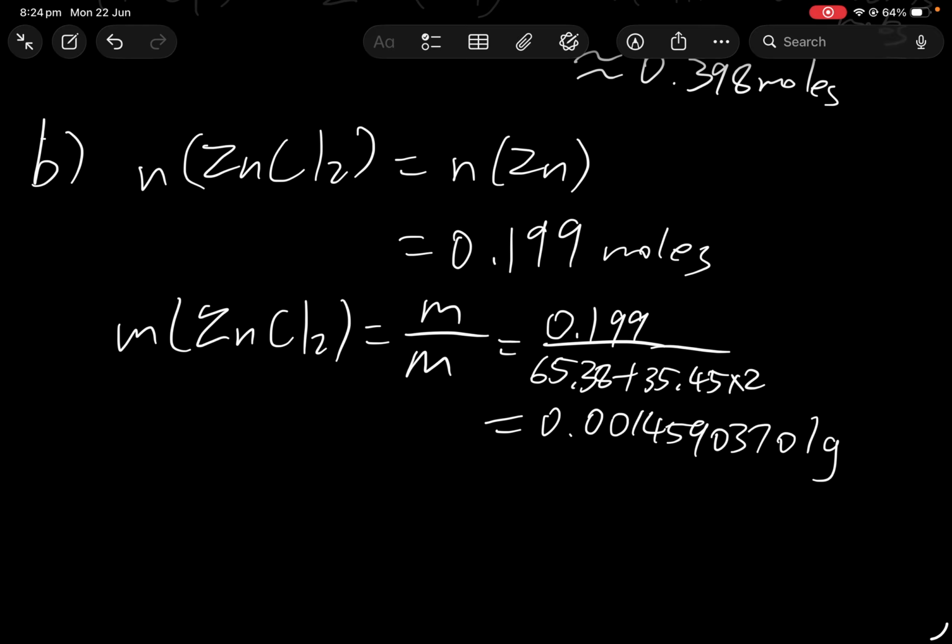Wait. Oh, we're finding the mass, not the moles.